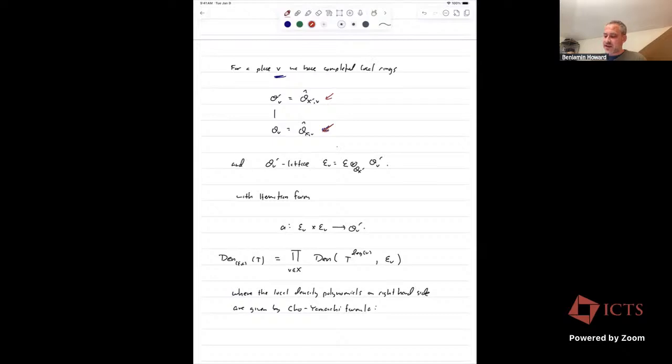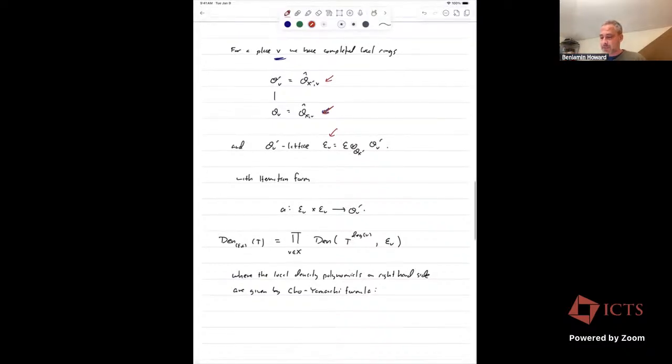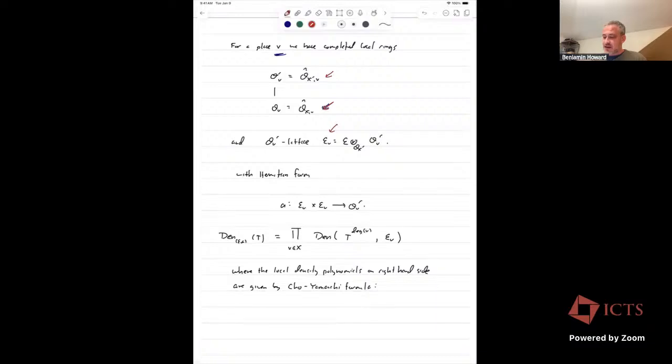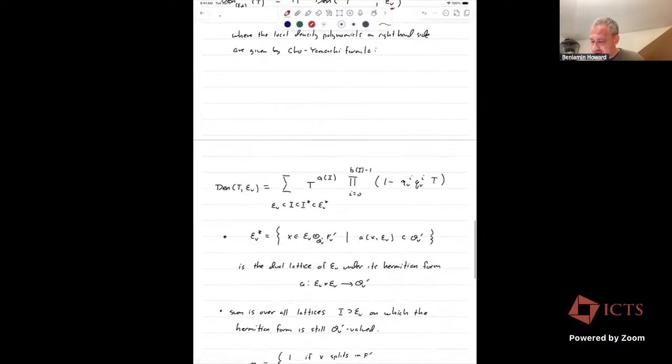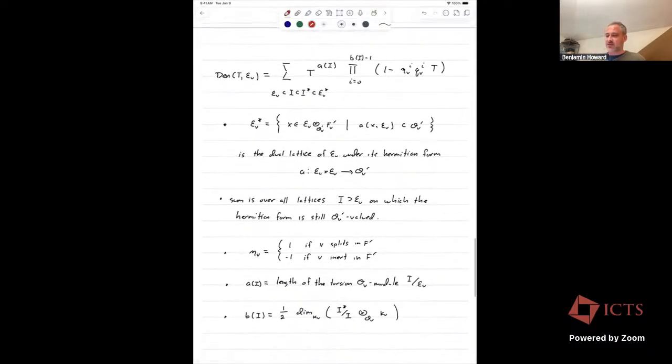You can take this Hermitian vector bundle and take its completed stalk, and what you get is a Hermitian lattice over this complete local ring. Then this density polynomial is going to factor as a product of polynomials over all the places, and each local polynomial only depends on this local Hermitian lattice for a complete local ring. And here it is. Here's the formula.